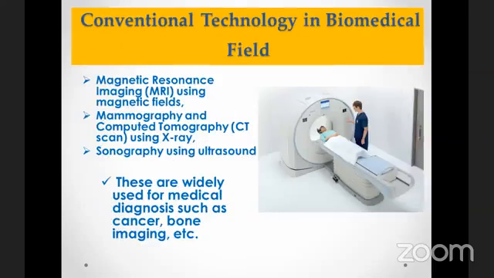Let us have a quick view of the conventional technology. Magnetic resonance imaging, which we are using, with magnetic fields, are very popular, very useful systems. Then CT scanning, that is mammography and computed tomography, X-rays, sonography using ultrasounds.